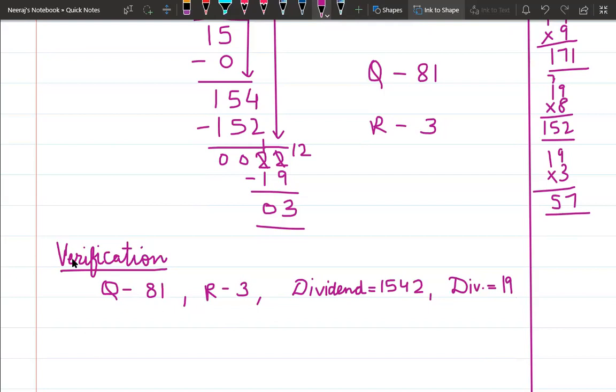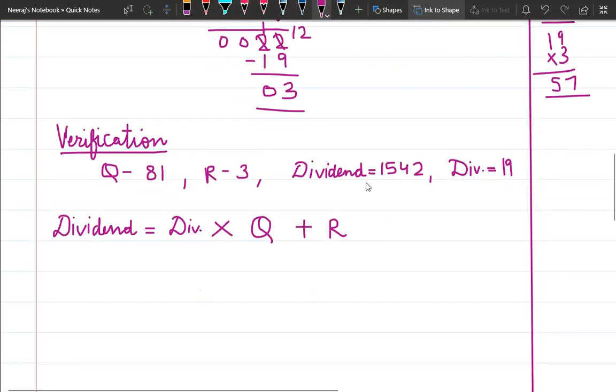Now I have to write the formula for the verification, and the formula is: look at it carefully, dividend equals divisor, I'm writing div again for the divisor, into quotient, Q stands for quotient, plus R. R is remainder. Okay. Now what is the dividend over here?